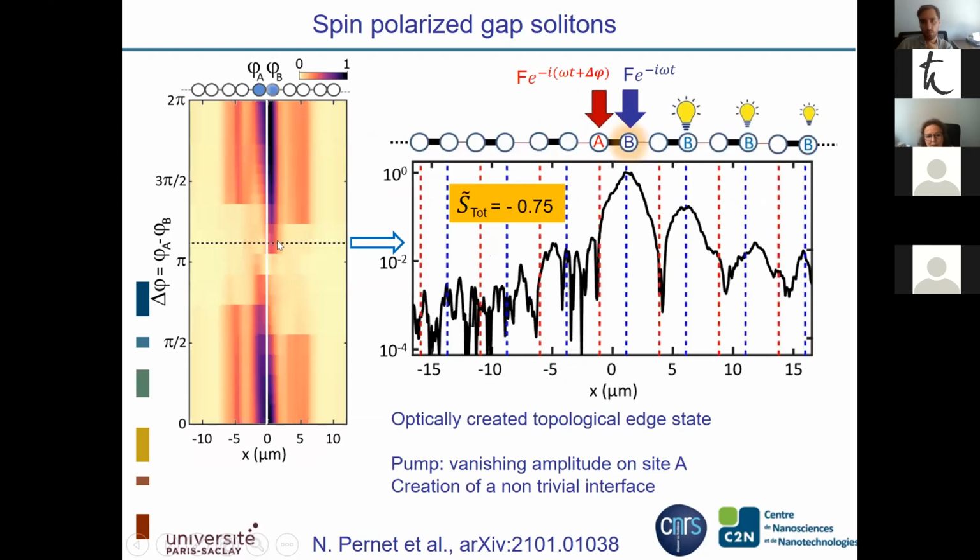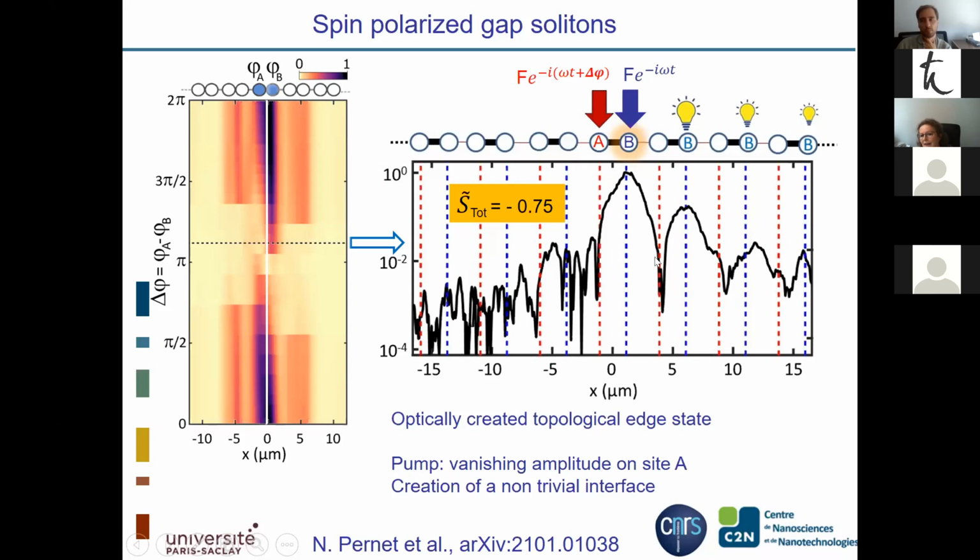If we look in more detail at what happens slightly above pi, this is the profile of the soliton that we get. And you see that the soliton is located only on one dimer. So the soliton is spin polarized. It's only on one pillar, on one sublattice, the B pillar. And then in the tail, it is also located only on the B pillar.